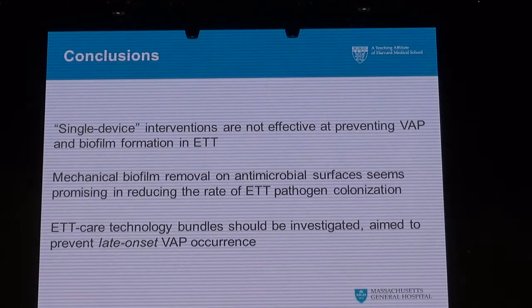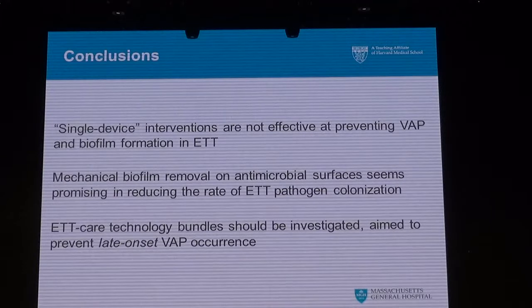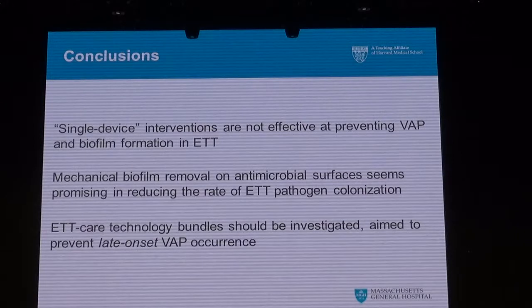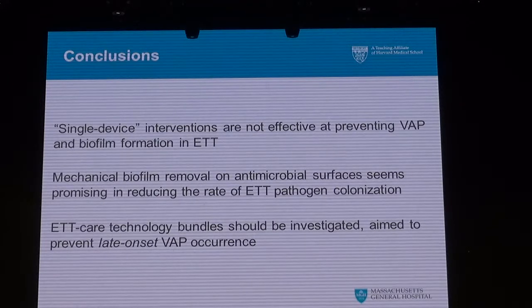Mechanical biofilm removal and antimicrobial surfaces seem promising in reducing the rate of endotracheal tube pathogen colonization, but until now there is not really proof for patient population targets or use in the ICU. Endotracheal tube care technology bundles, which means using multiple technologies at the same time, should be investigated. Nobody really tried to put together some of these promising devices that may prevent late-onset pneumonia.